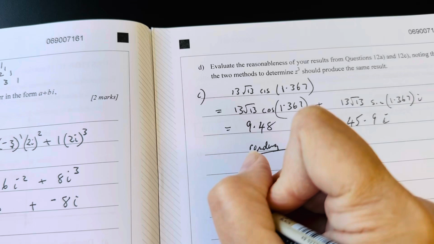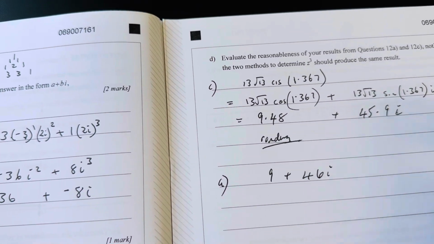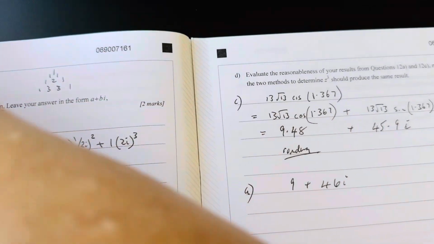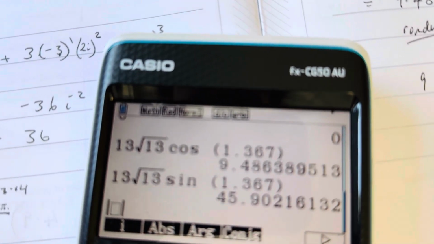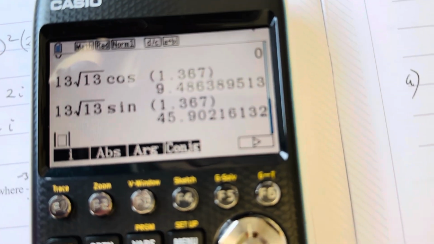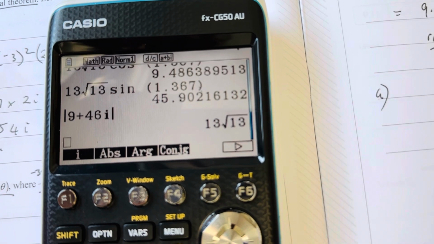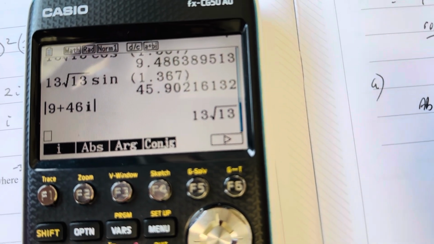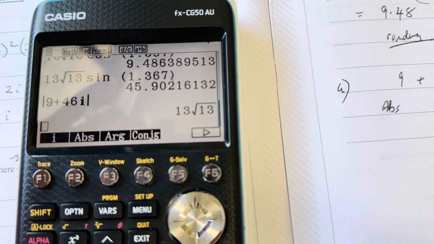Going the other way, using A, which is 9 plus 46i, if I go the absolute of 9 plus 46i, so my absolute r equals 13 root 13.